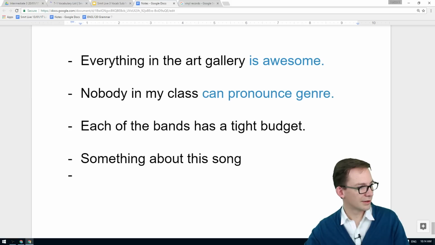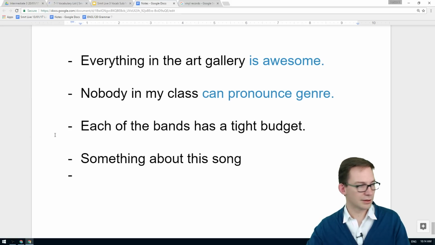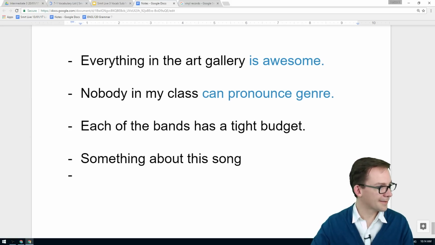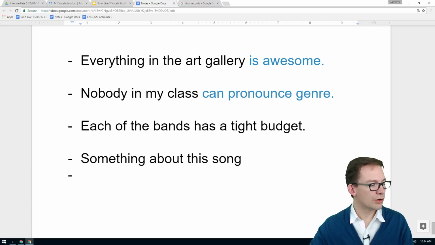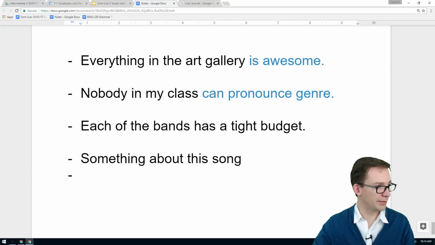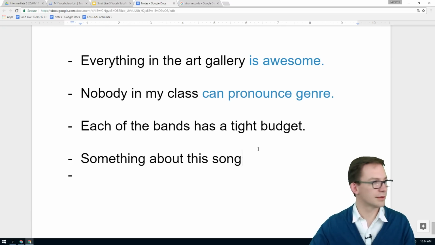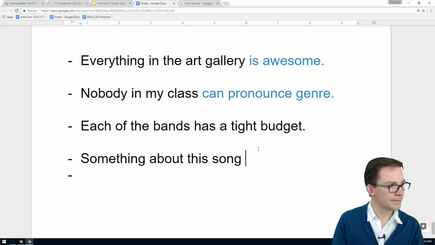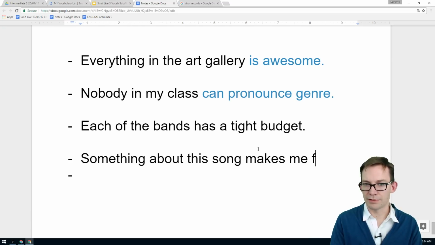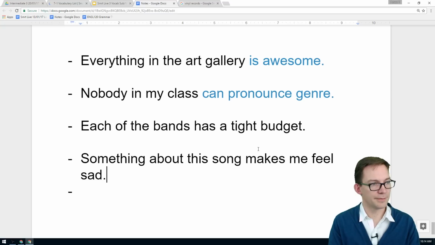Okay. That's good. Now what about the last one? Something about this song. Ahmed says, I don't think you say torches my soul. I think you mean touches, maybe. Something about this song. Ben Sheik Bilal says, makes me feel sad. Right?